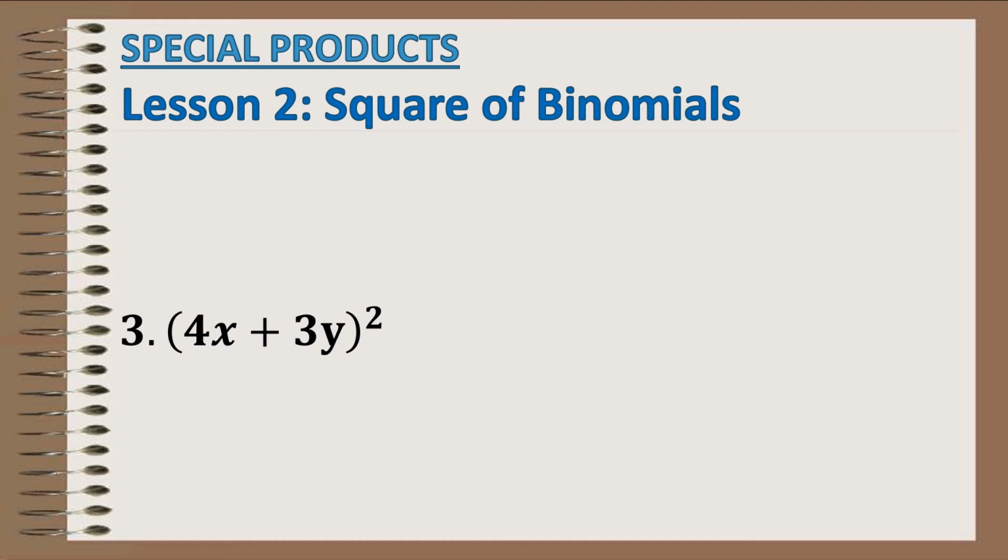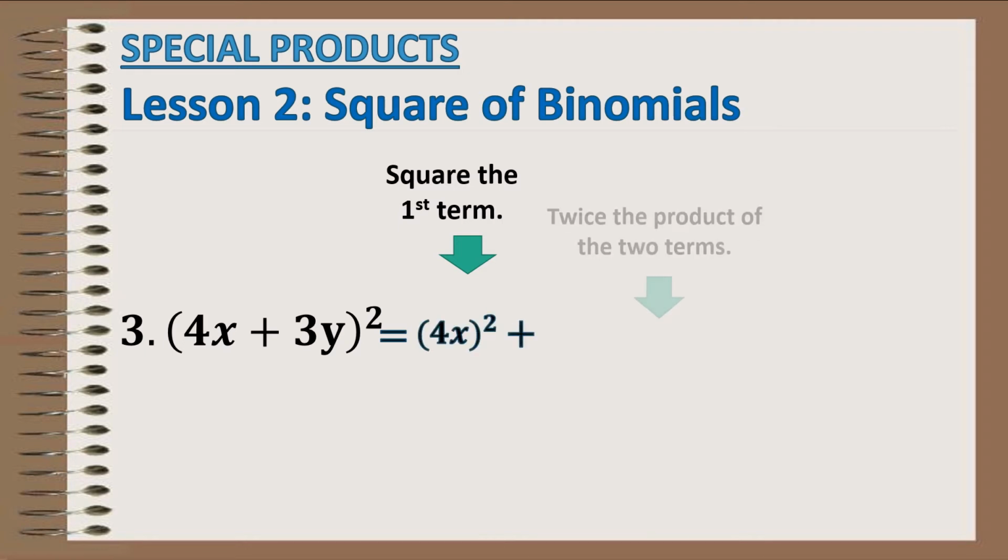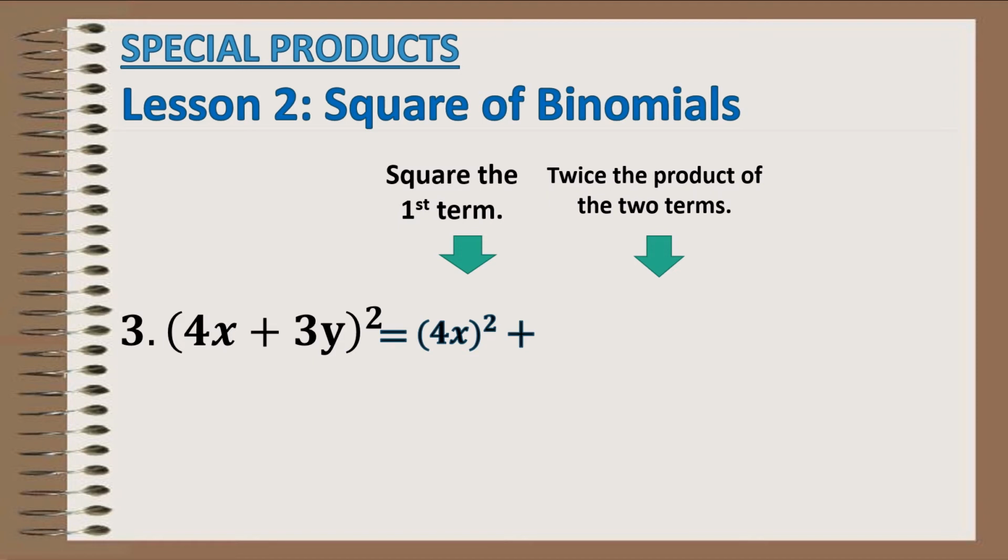Example number 3, we have the quantity of 4x plus 3y closed quantity squared is equal to, square the first term, we have the quantity of 4x closed quantity squared plus twice the product of the two terms. We have 2 times 4x times 3y plus square the last term.